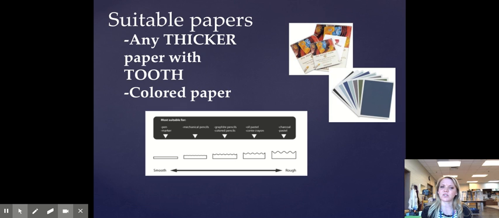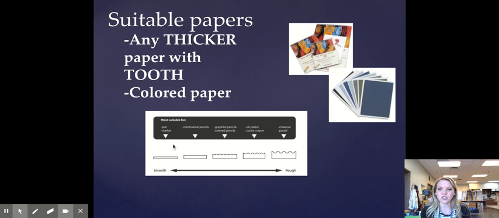So what do you want to color on when you use oil pastel? You want to use a thicker paper, and any paper with tooth. Tooth describes the texture of a paper, but papers that are a little rougher will grab onto the oil pastel a little bit better.